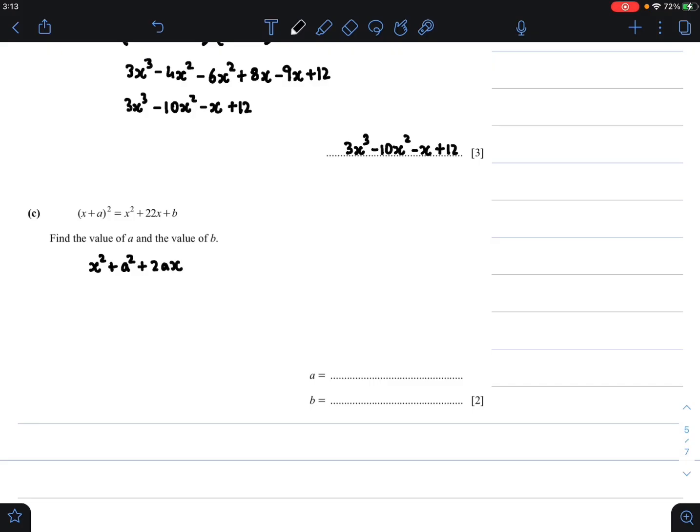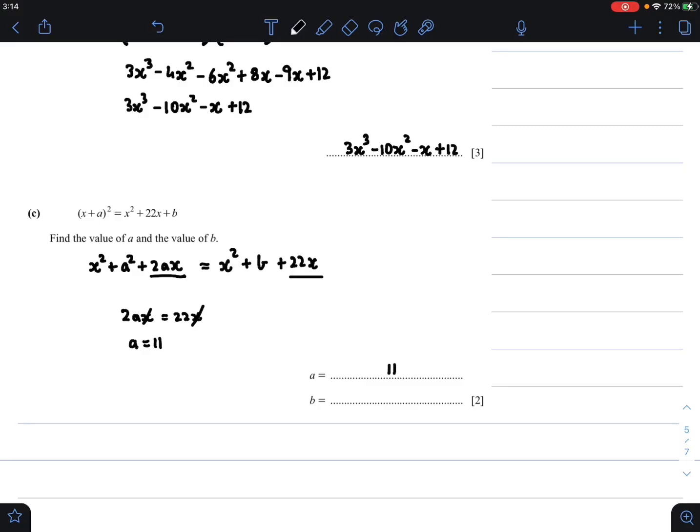Therefore now we can compare it with x square plus b plus 22x. Now x square and x square are the same, so we can't compare that. Let's compare 2ax and 22x. So if we write 2ax is equal to 22x, we can cancel the x and the x, so therefore a will be equal to 11.